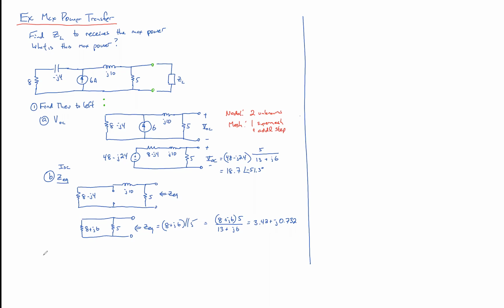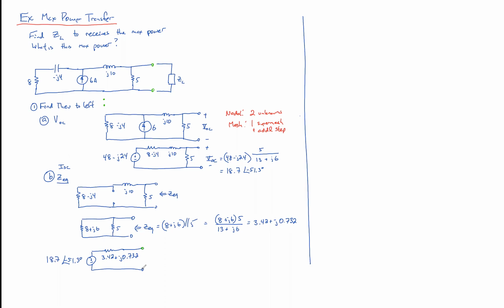This whole circuit to the left looks just like an 18.7 at an angle of minus 51.3 voltage source in series with a 3.42 plus J0.732 impedance.